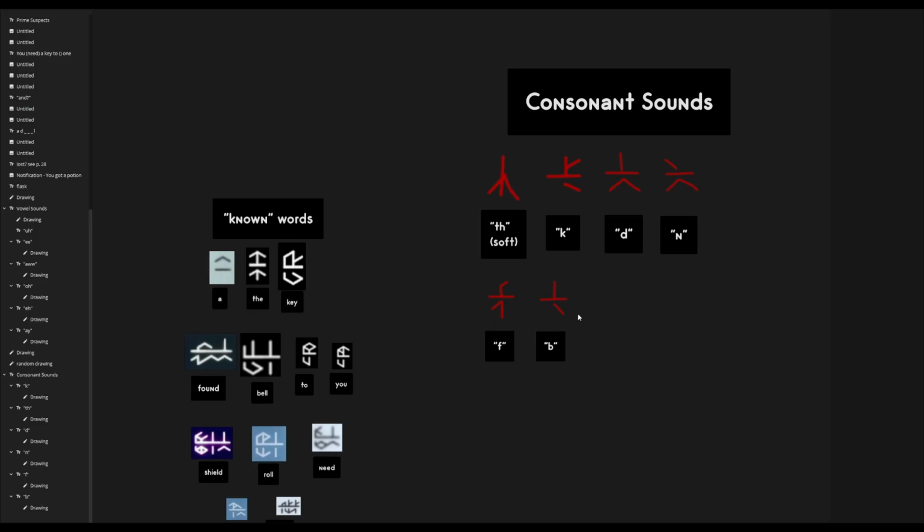Oh, can't forget L. All right, the T. Oh, we know T. T is one of the first ones we figured out, kind of.